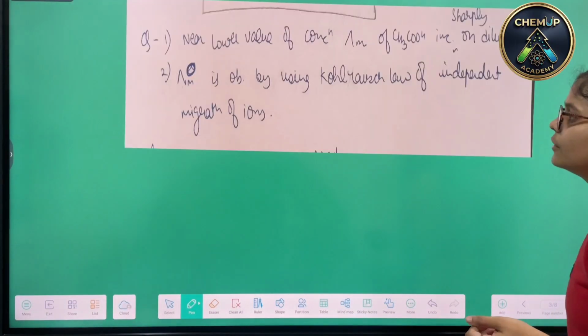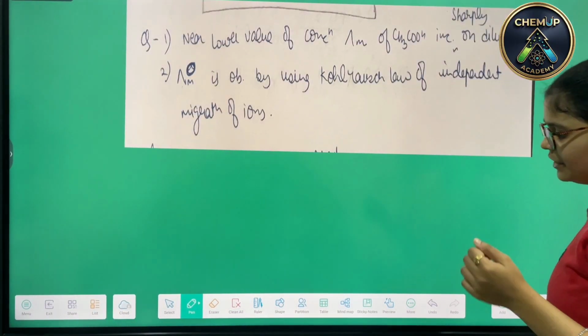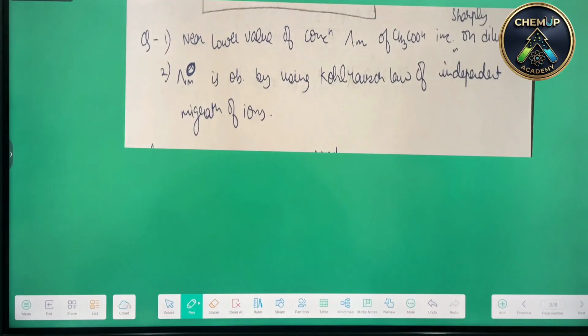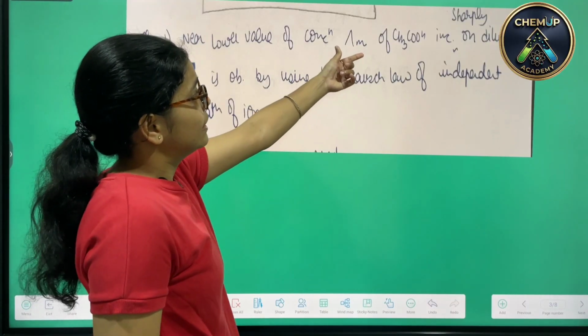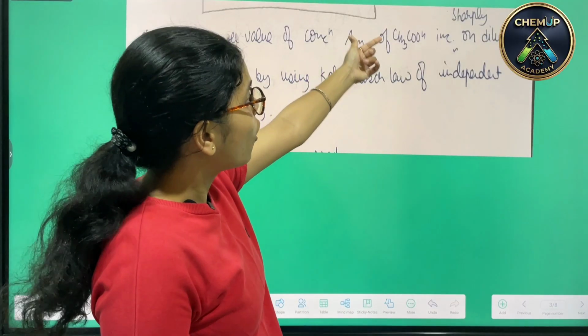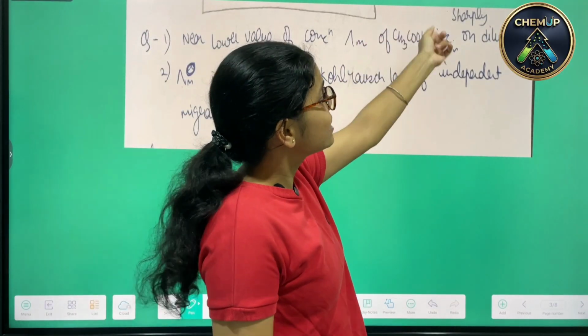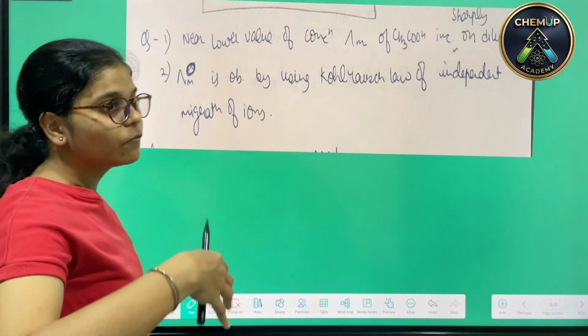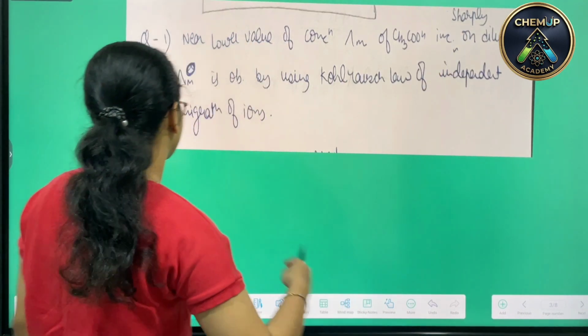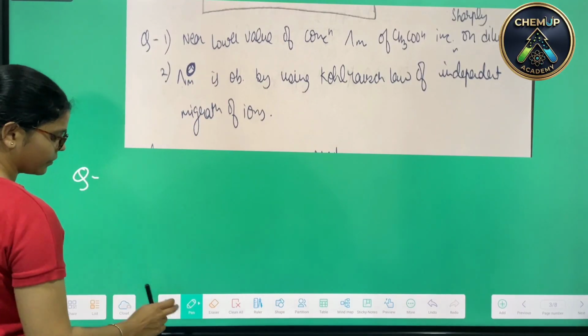The first question, I hope it is visible. Near lower value of concentration, the molar conductance of CH3COOH increases sharply on dilution. This is your first statement. You need to tell which statement is correct and which is not.